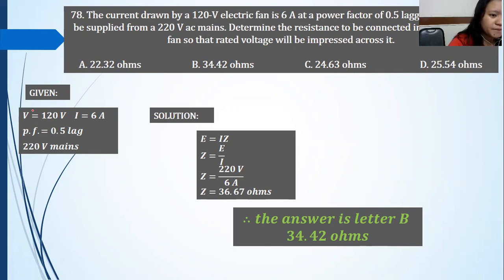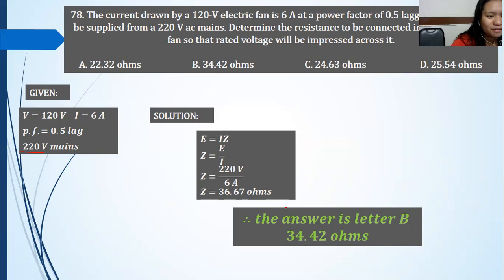So the given: the voltage of 120 volts, the current of 6 amperes, the power factor of 0.5 lagging, and the 220 volts mains. The solution is E is equal to IZ, where I is our current and Z is our impedance. So Z is equal to E over I. We have E of 220 volts for the mains, so 220 volts over 6 amperes is 36.67 ohms.